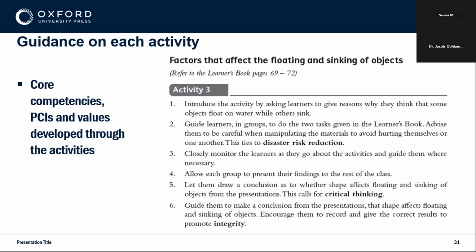So here, the teacher should be very keen that the learners develop integrity, and you tell them that they should record what they observe honestly. If they don't observe something, they just say, I didn't observe anything, because that is developing integrity. So you can see that the teacher's guide has guided the teacher on how to infuse the core competencies, the PCIs, and the values.